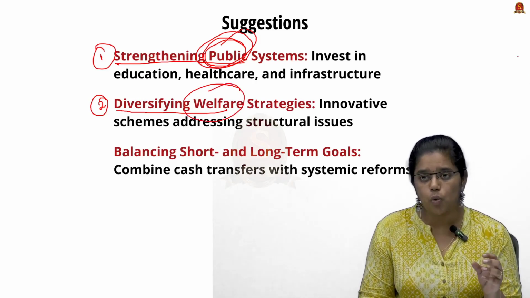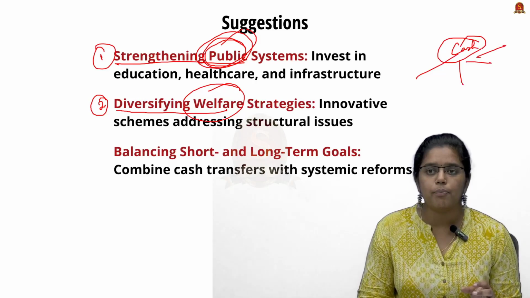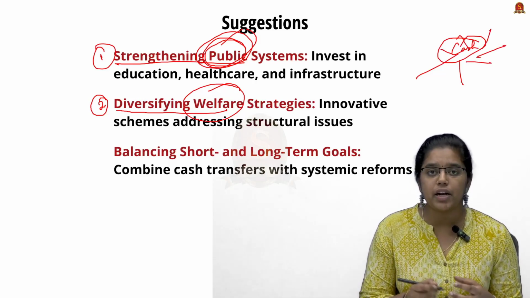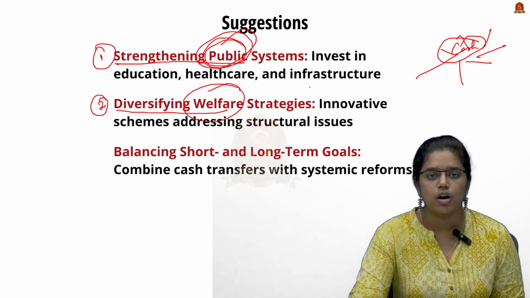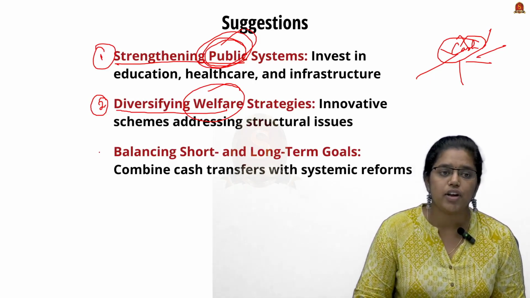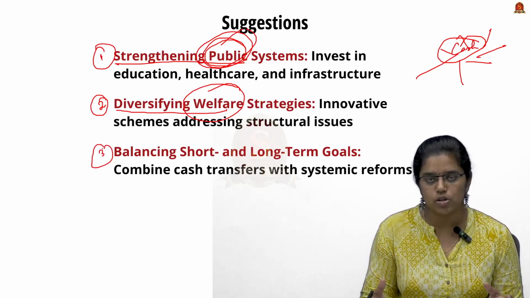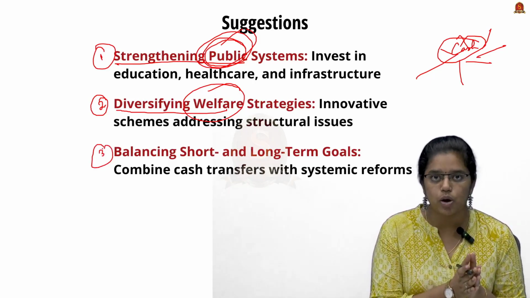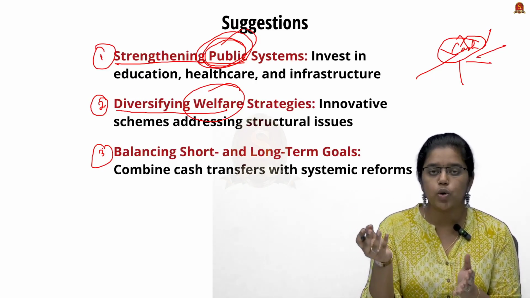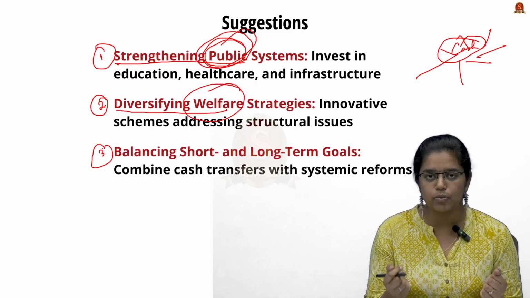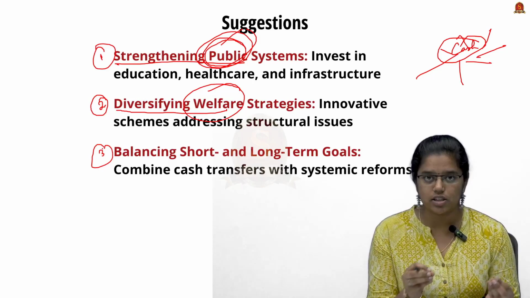Instead of focusing only on cash transfer schemes, we can diversify the benefits by implementing and innovating new solutions. Thirdly, we have to balance between short term as well as long term goals. Cash transfer schemes are good, but we also have to improve innovative solutions to have a balanced approach between both of them. So these are the things which were discussed in detail in this editorial.